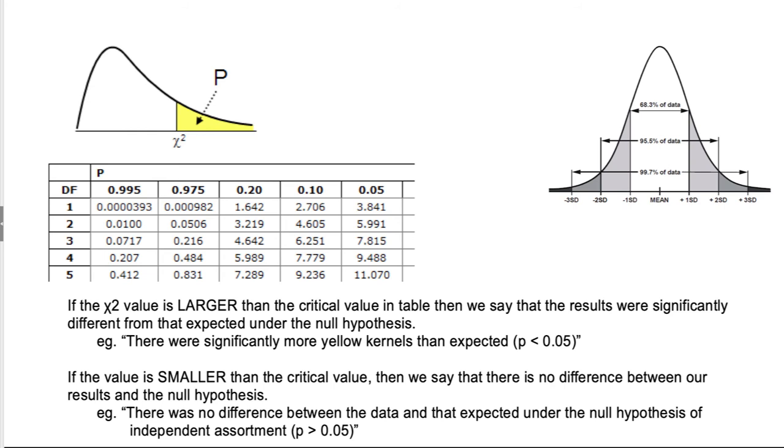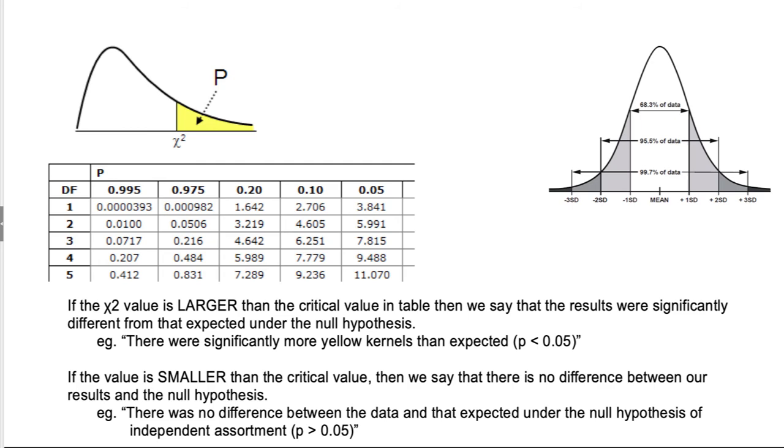So we're going to use this 5% column, and we also need to understand how many degrees of freedom there are. We're not going to go into any details about degrees of freedom, except to say that for this test, the number of degrees of freedom is determined by the number of categories of data that we have.